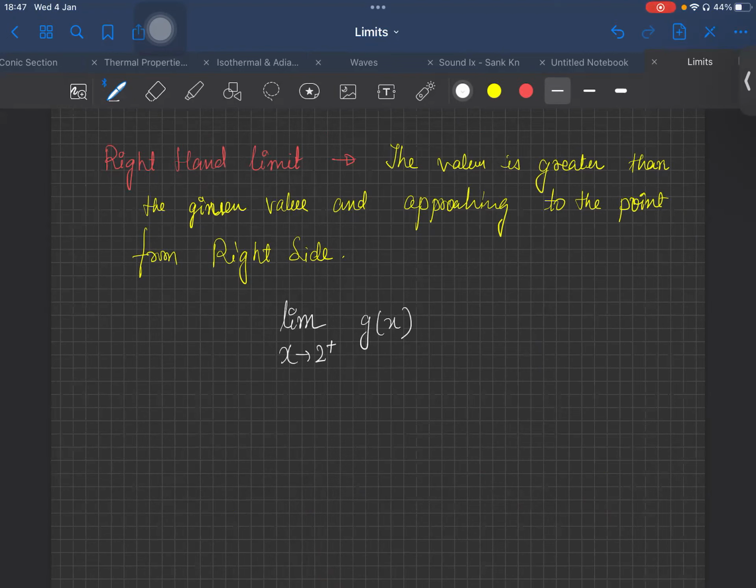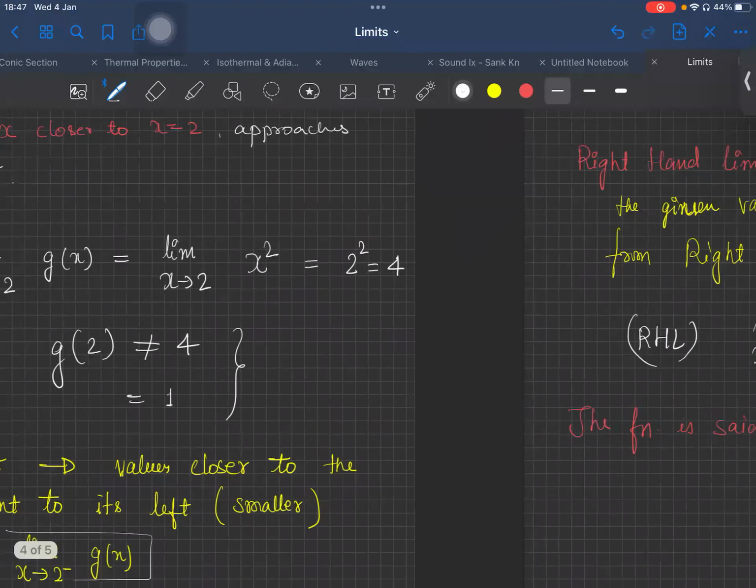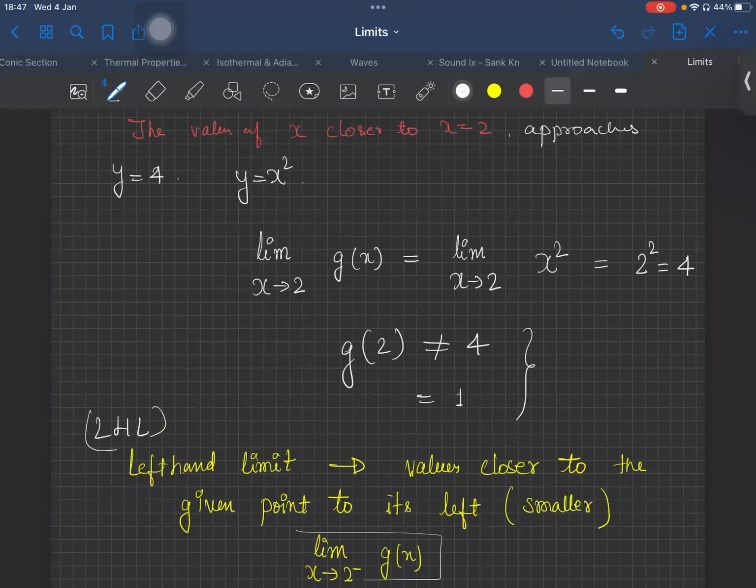Understood? Now, when is the function continuous? Now understand this. The function is said to be continuous if the left hand limit, this is the left hand limit, so it is called LHL, and this is the right hand limit, so it is called RHL.